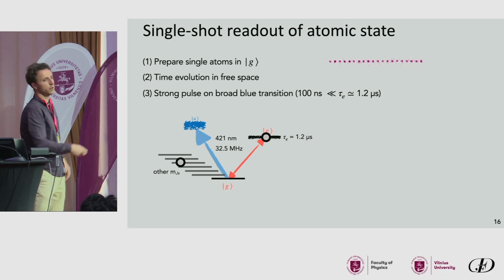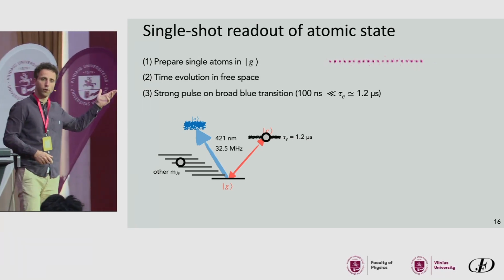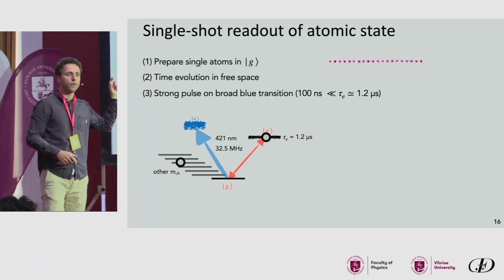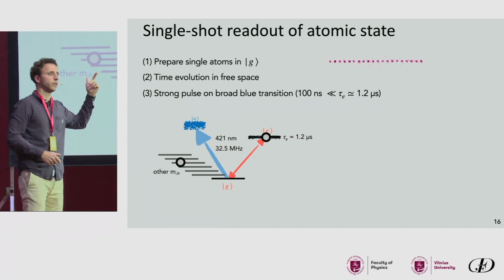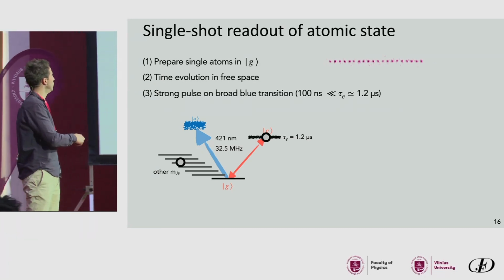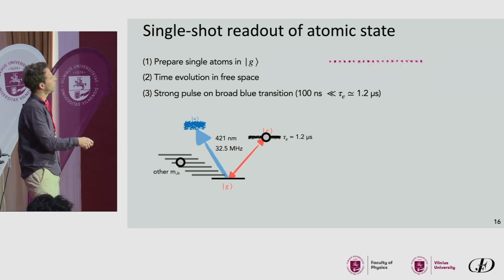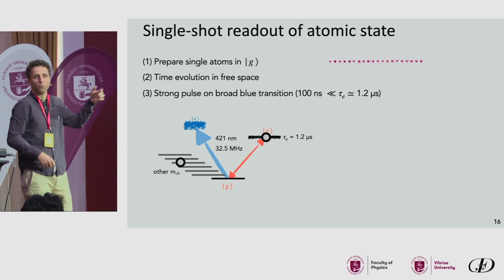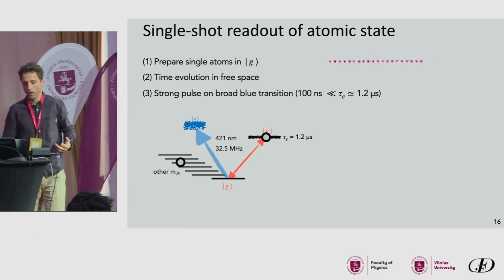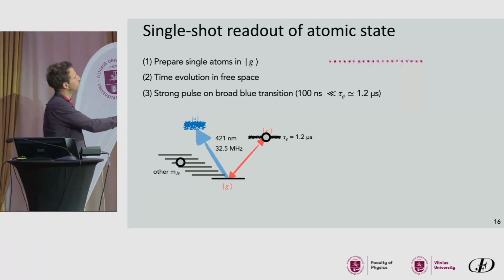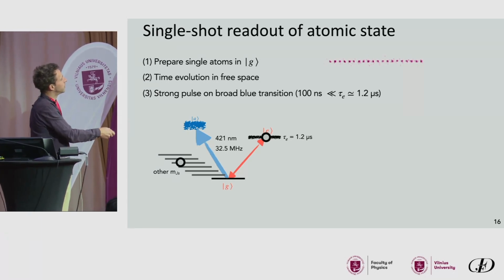This can happen in 100 nanoseconds because the line width is so broad, and these 100 nanoseconds are very short with respect to the lifetime of the excited state. So they move out of the ground state while these ones are still in the excited state. This is well known in ions, and it is called shelving. In our case, we have to do it extremely fast because we're interested in the dynamics on this transition.